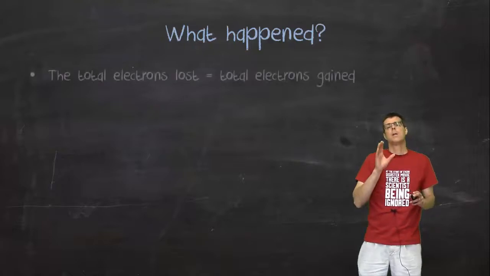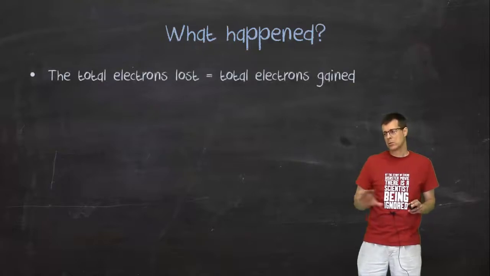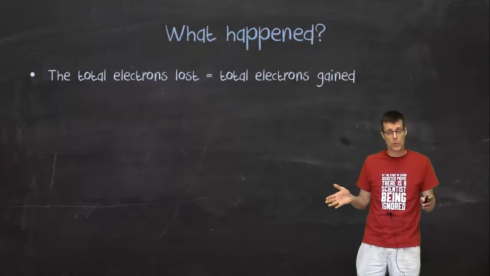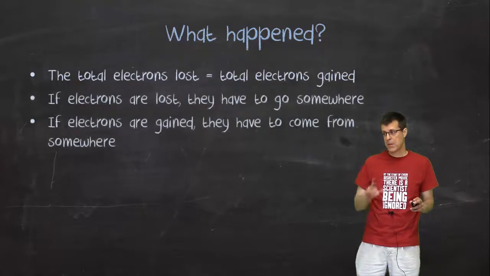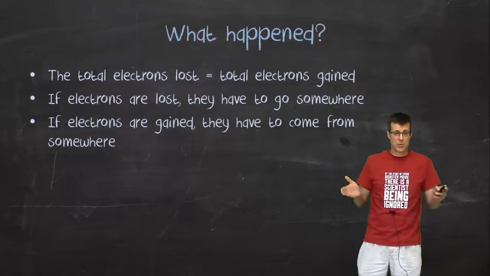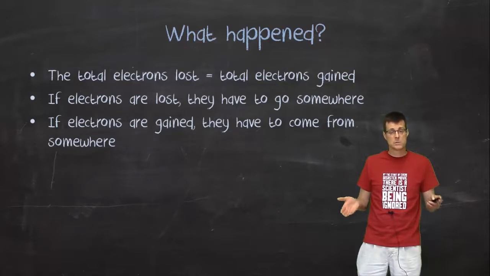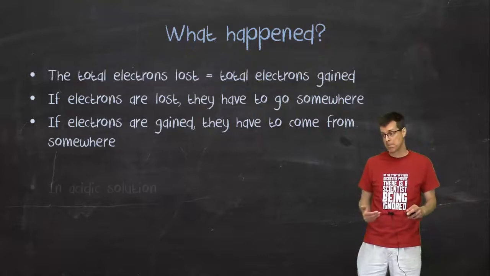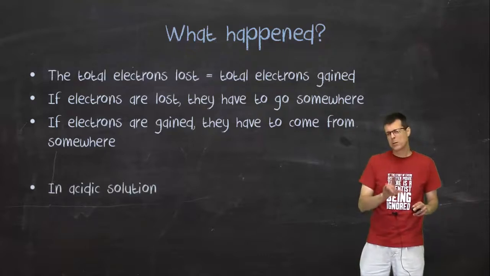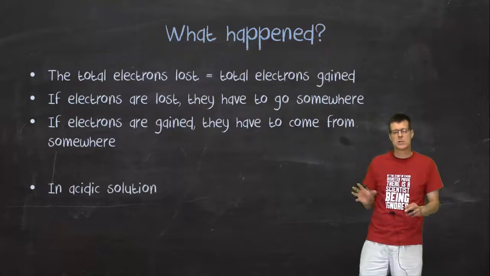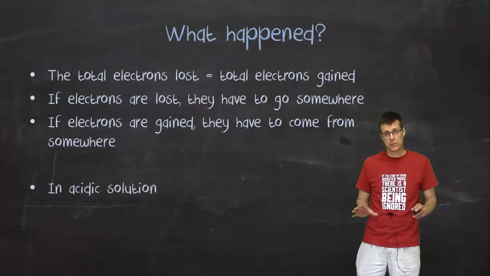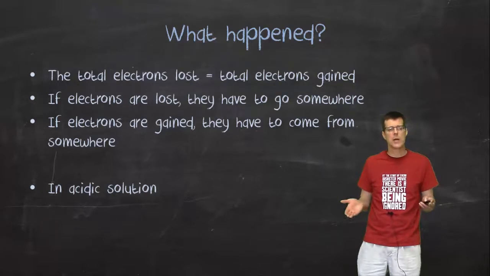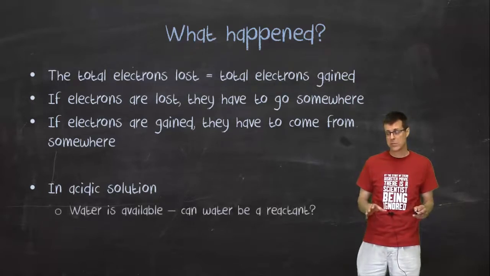However, there's a couple of things that we ignored altogether. This is why we said it's not balanced. And this is the other thing I said about electrons: they have to be accounted for. They have to have a place to go, and they have to have a place to come from. But the part that we ignored, that was just sort of interesting but otherwise useless trivia at the top, was this idea about acidic solution, and what's actually happening in acidic solution.